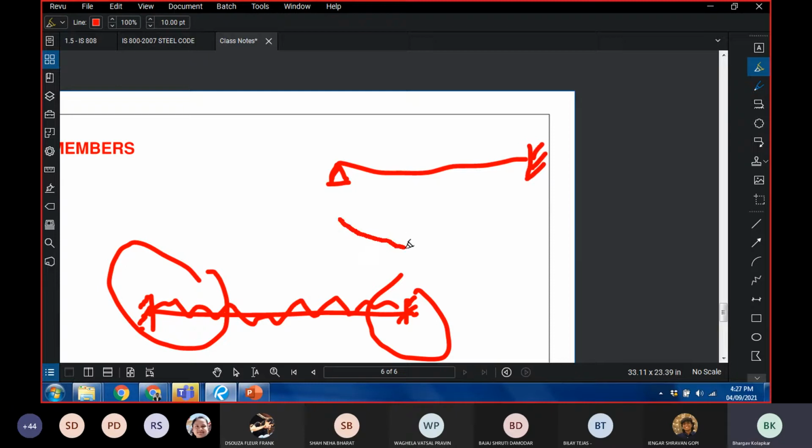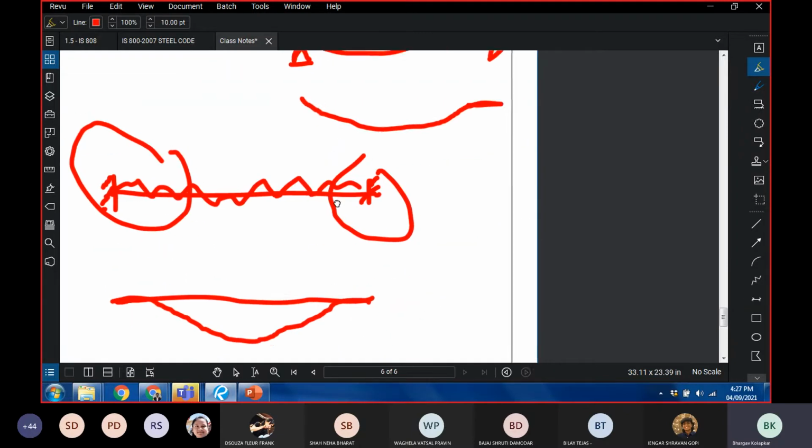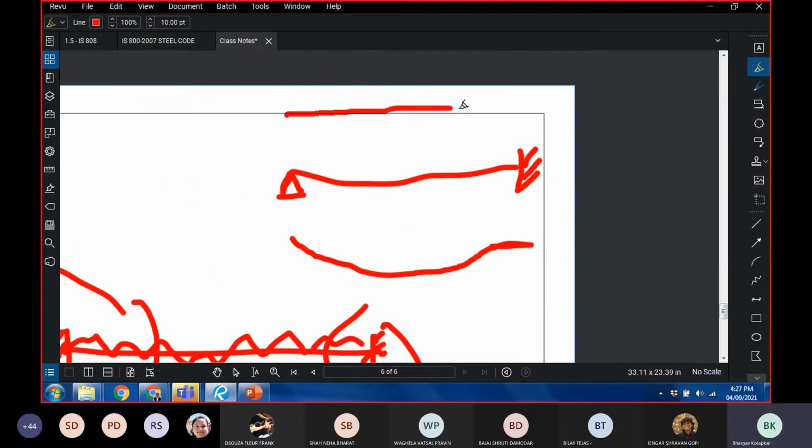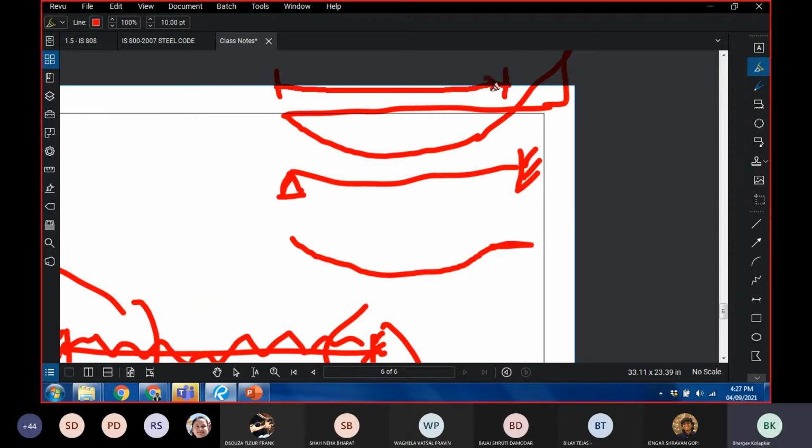So here there will be no resistance to rotation, and then here something like this. So if I look at the bending moment diagram, it would be something like this. So then we are looking at the distance between these 2 points.